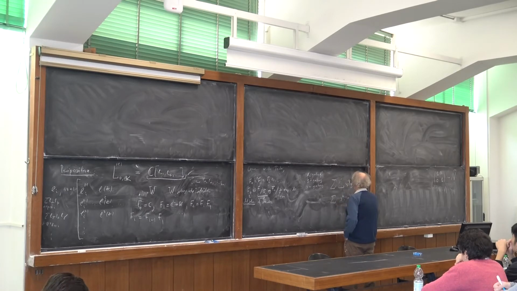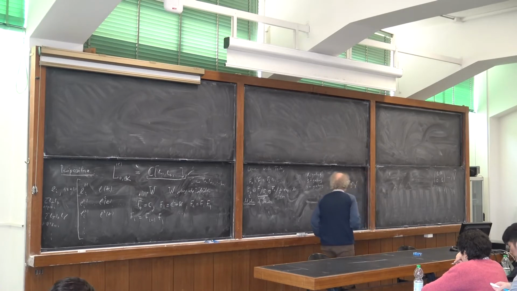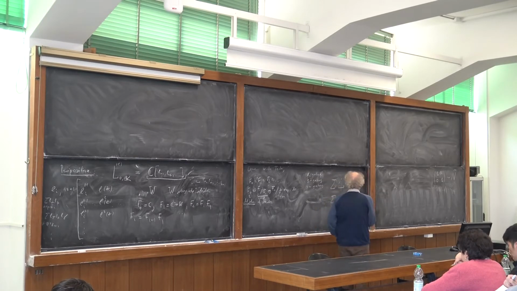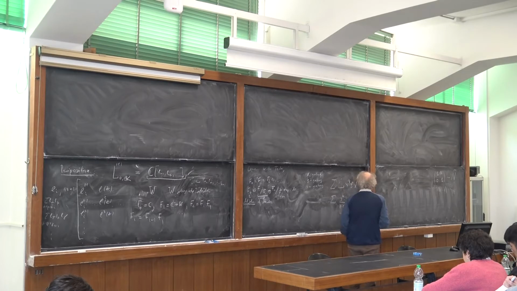It will be q^(m^2) z^m, and here it will be 1 minus qz, 1 minus q^2 z, and so on. Maybe there is some small mistake in this formula, but it is something like that. And for Toda, we do not need this. We need it like this. But it is actually not a great difference.